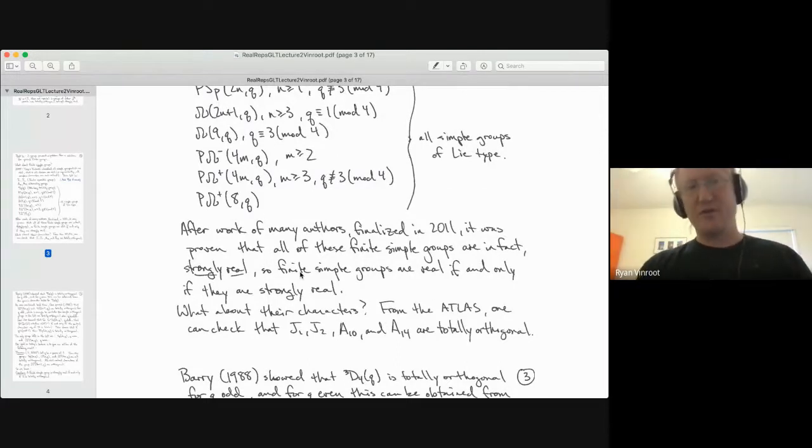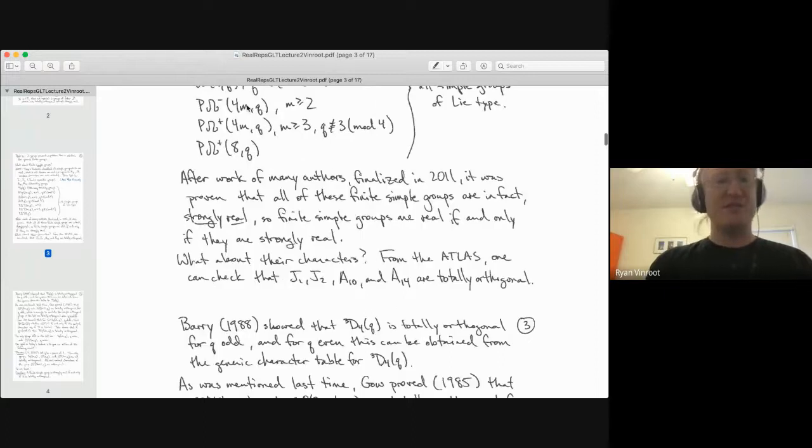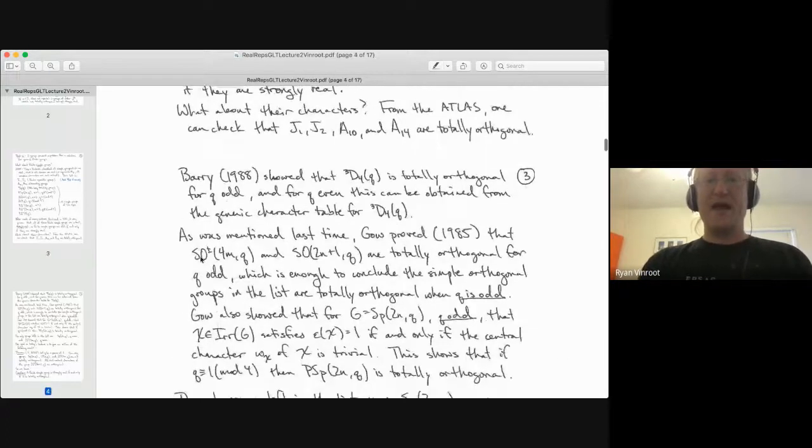Not when Q is even, we don't have that information, but when Q is odd, these follow from Gao. Gao also showed in the same paper that when Q is odd and you take a symplectic group, then a real valued character is orthogonal if and only if the central character, that is the character on central elements of G, is trivial. So if this acts trivially on minus identity, then this is orthogonal. And if it doesn't act trivially, then this is symplectic.